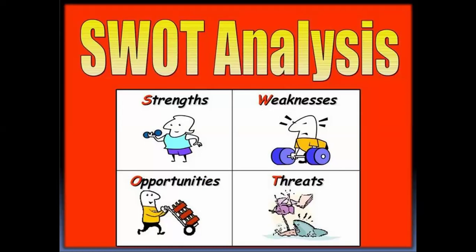So the next phase of decision making is SWOT analysis. Before undergoing any kind of activities, you have to go for a SWOT analysis, identifying the organization's strengths and weaknesses, opportunities, and external threats.